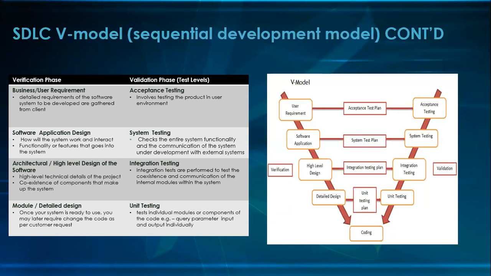That is where the code, the big brain, will now start the code development. So what the V-model's concept is all about is that at every phase, there is a testing phase to validate it.